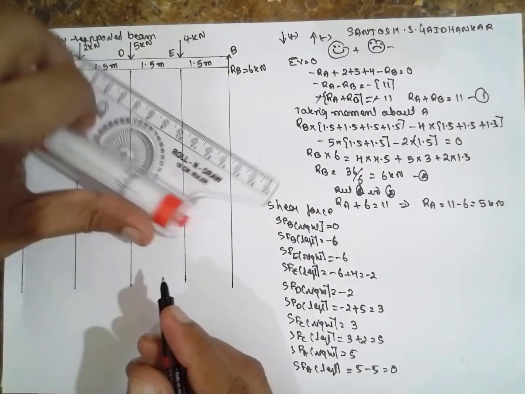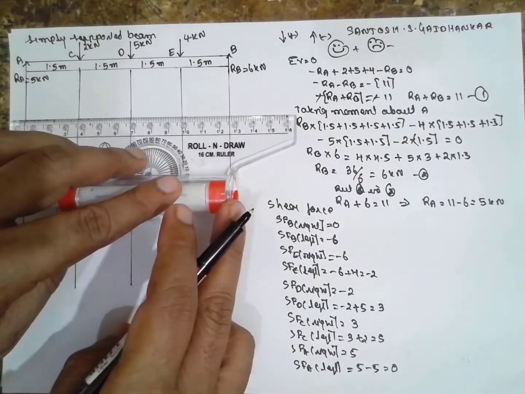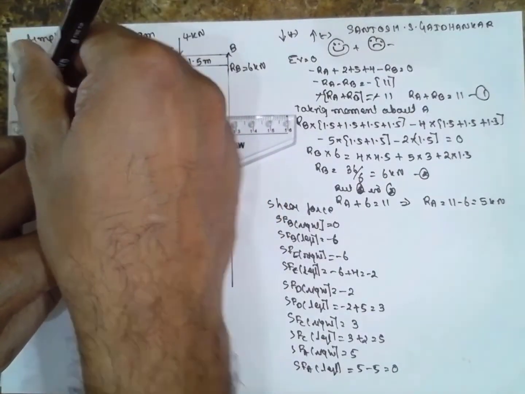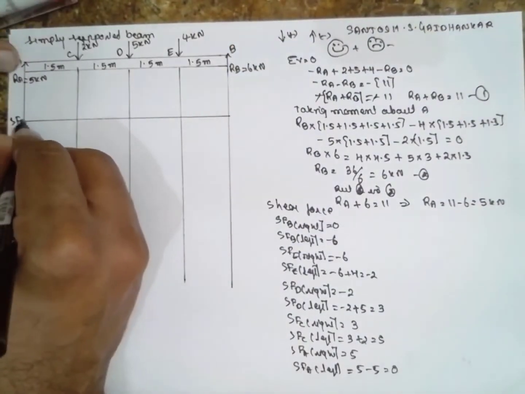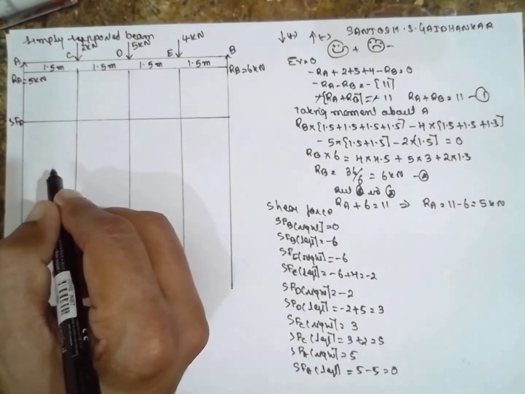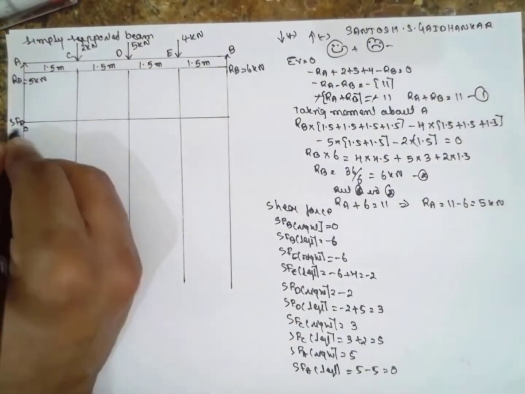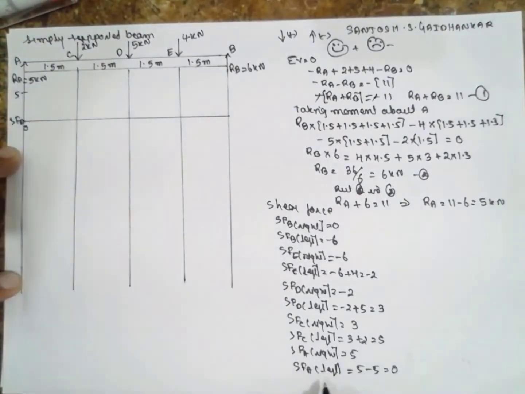Draw the shear force diagram. I am drawing the shear force diagram. This is the SFD, above is positive, bottom is negative. First is 0, next is 5. At A there are two points, 0 and 5.